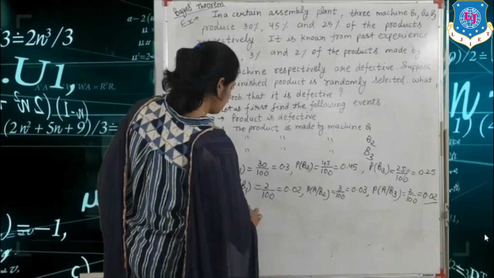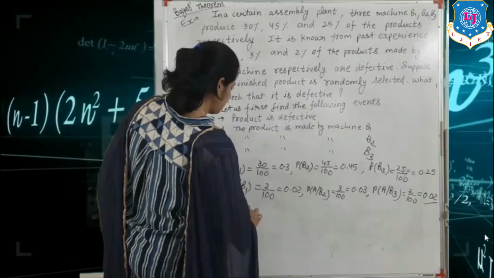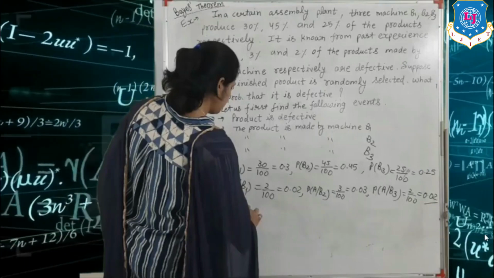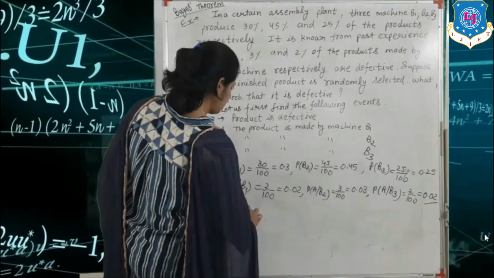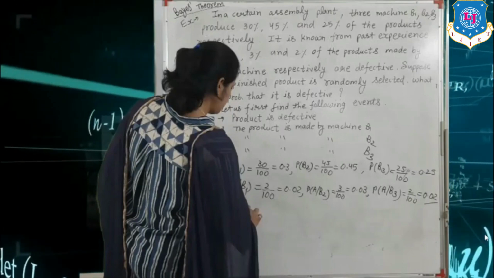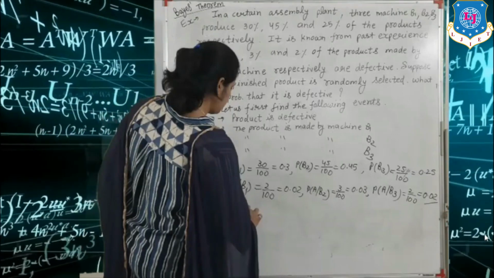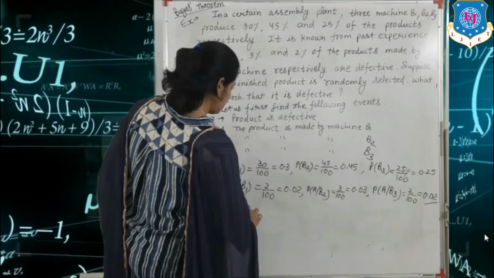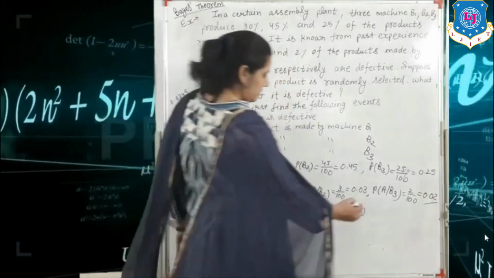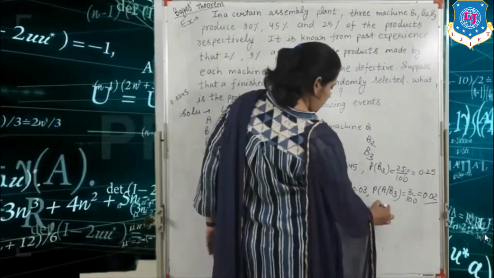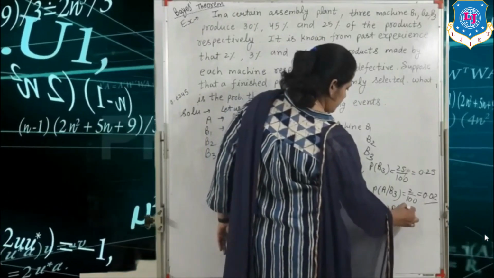So what is the formula? It depends on the Bayes theorem. The formula is probability of B1 into probability of A/B1, plus probability of B2 into probability of A/B2, and the third is probability of B3 into probability of A/B3. This is the formula of the Bayes theorem.